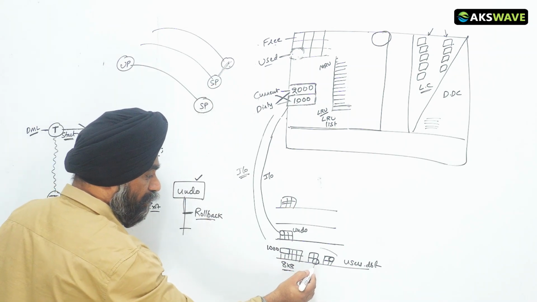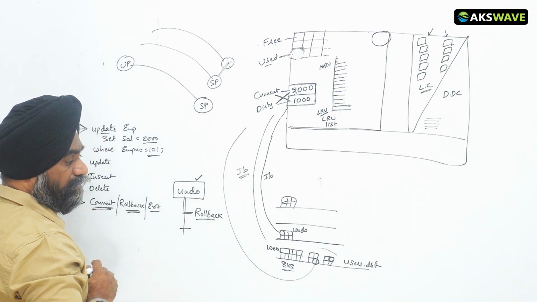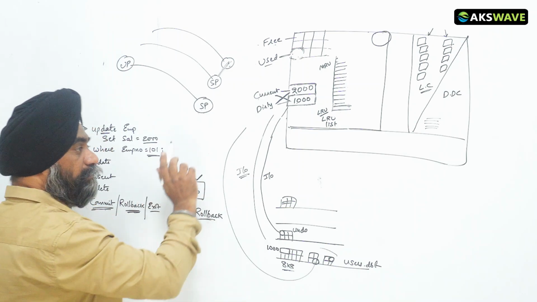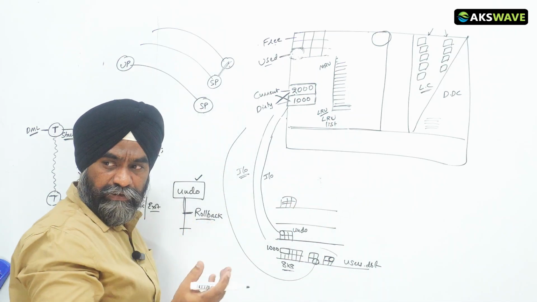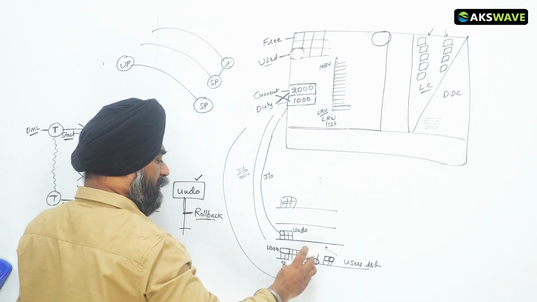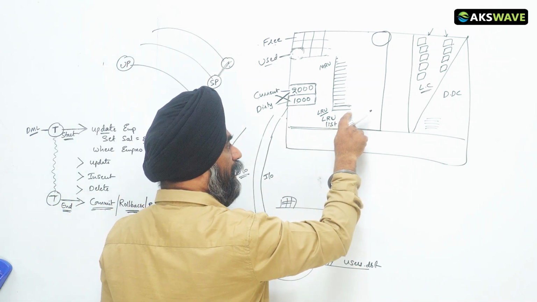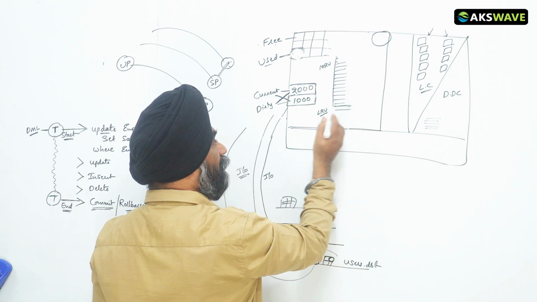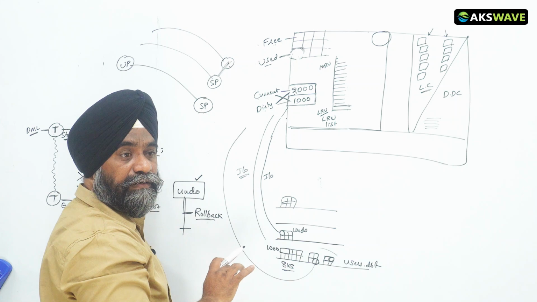When it did an IO on some other table data, bringing it here, what will it do? It will go to the LRU list and check. Yes or no? Please, you have to be active, right? So whenever you do an IO, it will go to the LRU list, to the LRU end. But what is this buffer marked as? Dirty. That means there is already a change in that one.